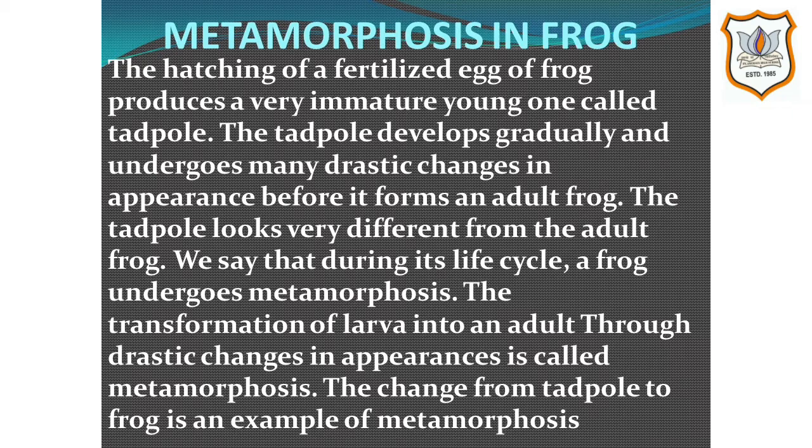We say that during its life cycle, a frog undergoes metamorphosis. The transformation of larva into an adult through drastic changes in appearance is called metamorphosis. The change from tadpole to frog is an example of metamorphosis.